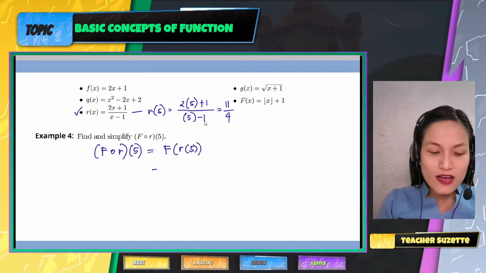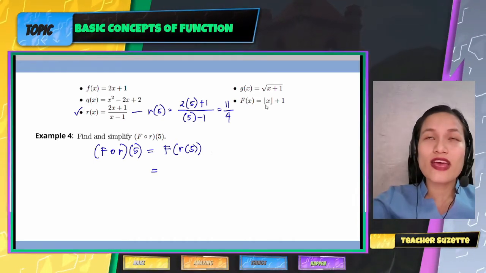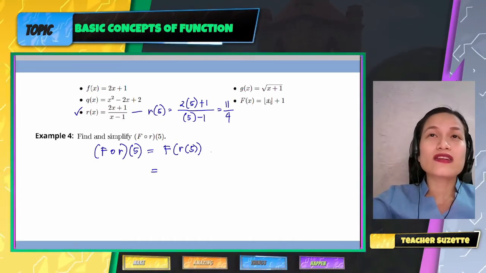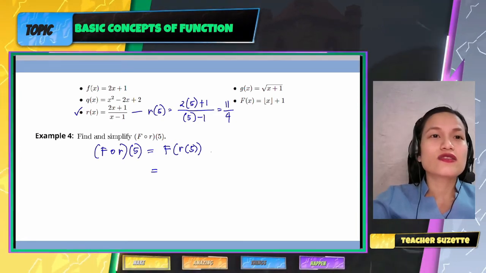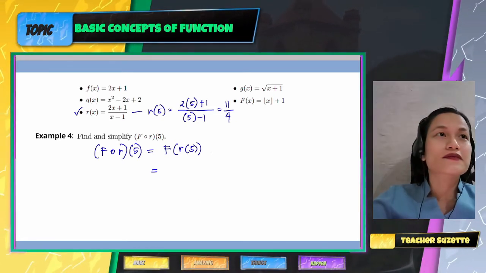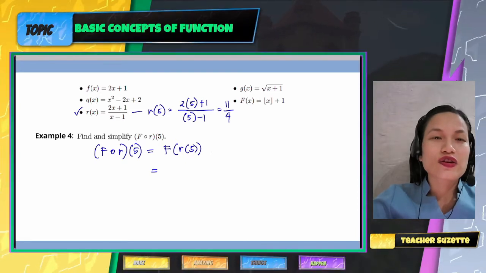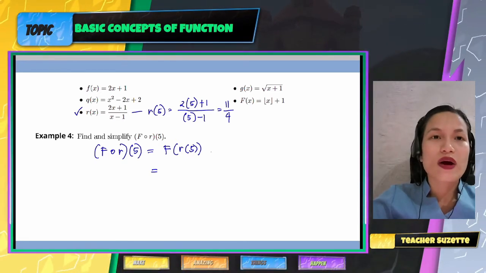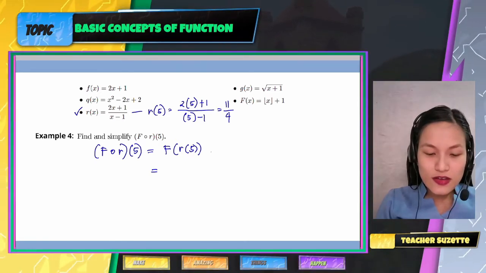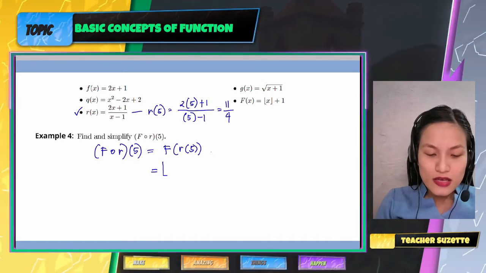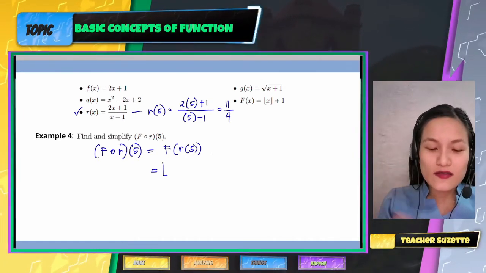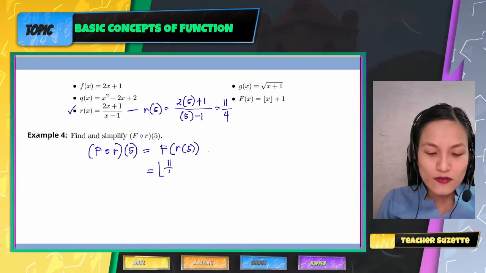So, ang ating function of f of x is equal to greatest integer of x plus 1. Greatest integer of x, ayan ang symbol. And ang na-compute nating value ng r of x, di ba, is 11 over 4.